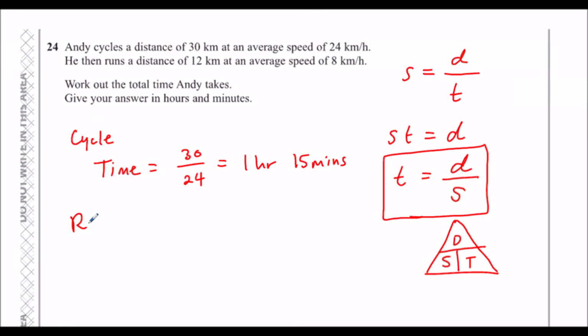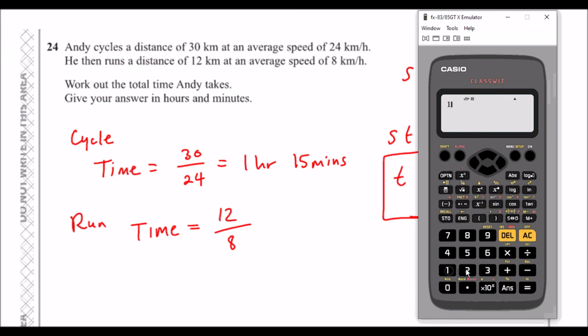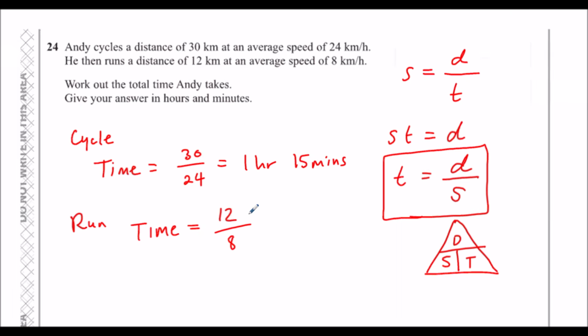And for the run, the time again is distance divided by speed. So 12 divided by 8. 12 over 8 is 3 over 2, or 1.5. 1.5 hours. That's 1 hour and 30 minutes.